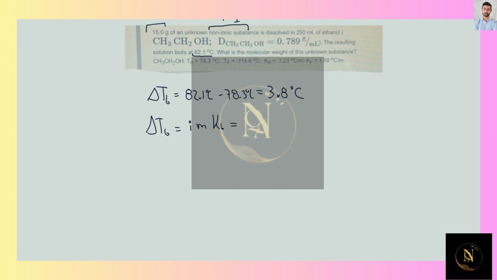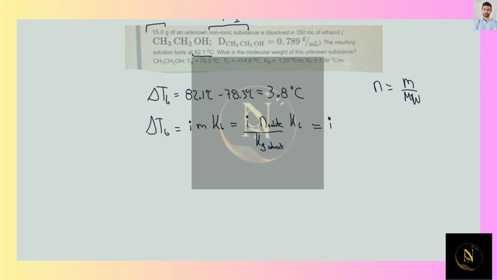Now, let's replace the molality of the solution by amount of mole of the solute times Kb divided by kilograms of the solvent. And in addition to that, remember that the amount of mole is going to be equal to the mass divided by the molecular weight of the compound.